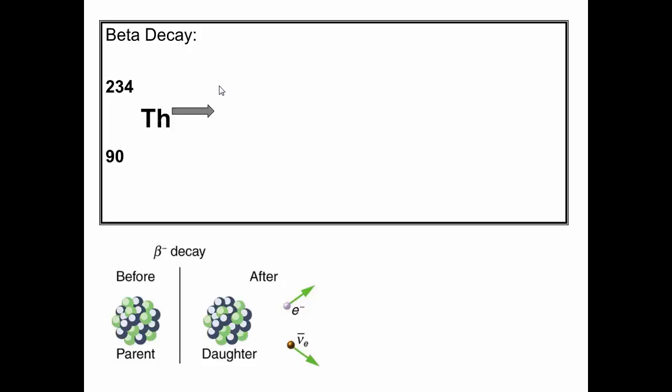Where did that electron come from? The neutron converted into what? So what happens to its atomic number? Goes up by 1 because it now has 1 more proton than it did before. And it becomes a new element. Protactinium.